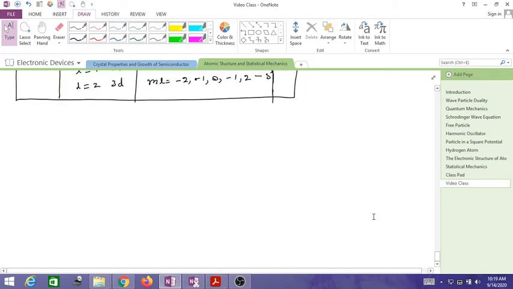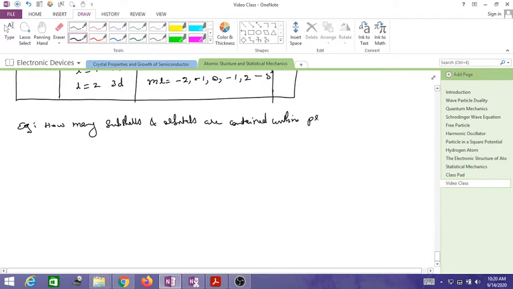So let us take an example here. The question is, how many subshells and orbitals are contained within the principal shell with n equal to 4?